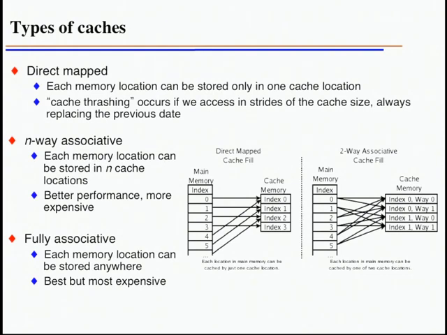So the other extreme solution is the so-called fully associative cache, where any cache line can be put into any location within the cache. By that, you avoid this type of cache thrashing, and you never need to throw something out of the cache that is not the oldest item.